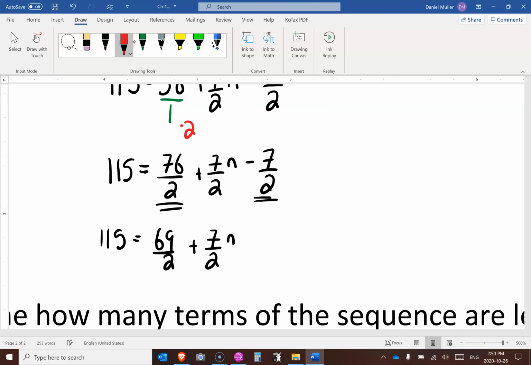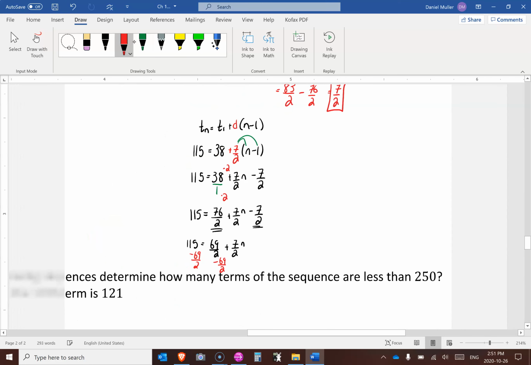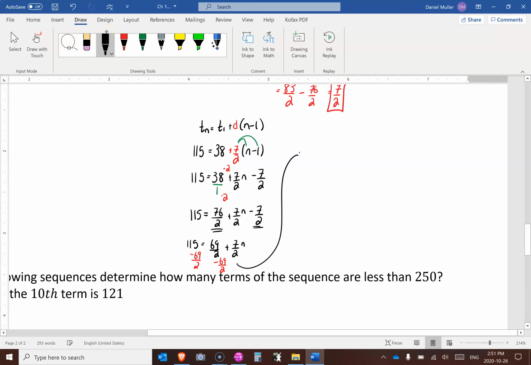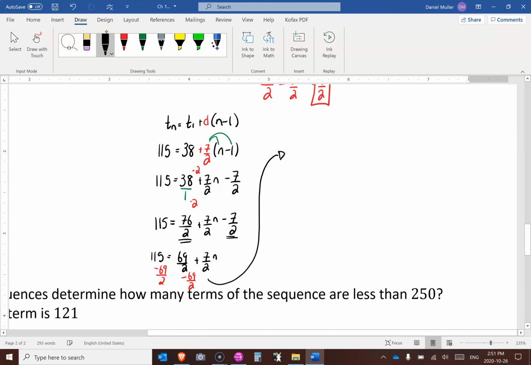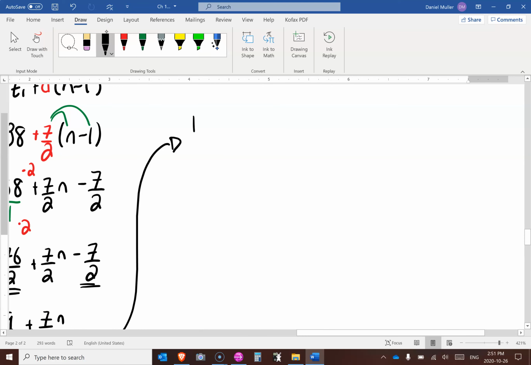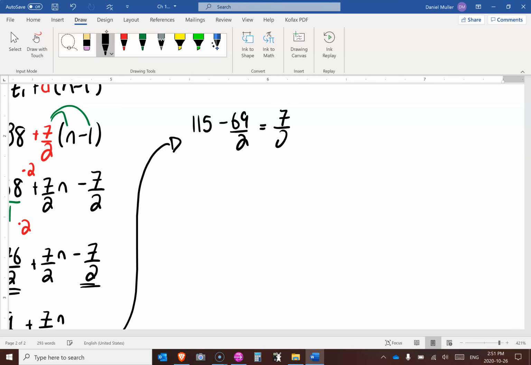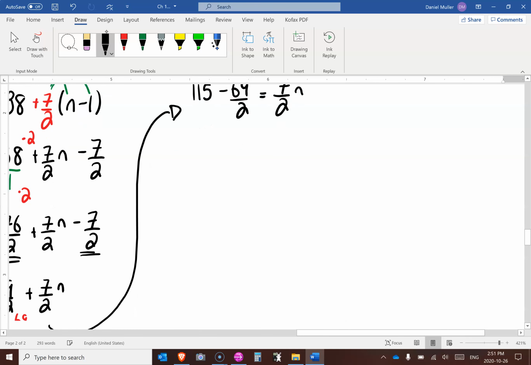So I'll have to subtract this over to the other side, which won't work because this is over 1, I need that over 2. So I need a common denominator. Okay, so let's bring this over here and see what I have. So I have 115 minus 69 over 2 equals 7 over 2n.